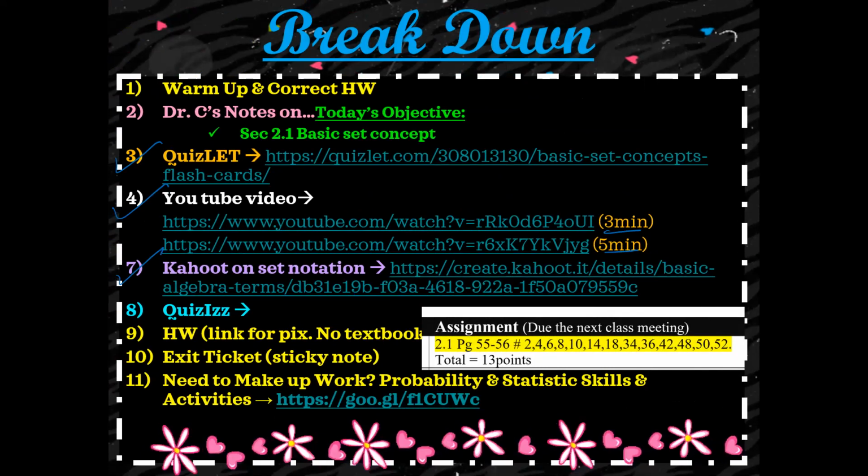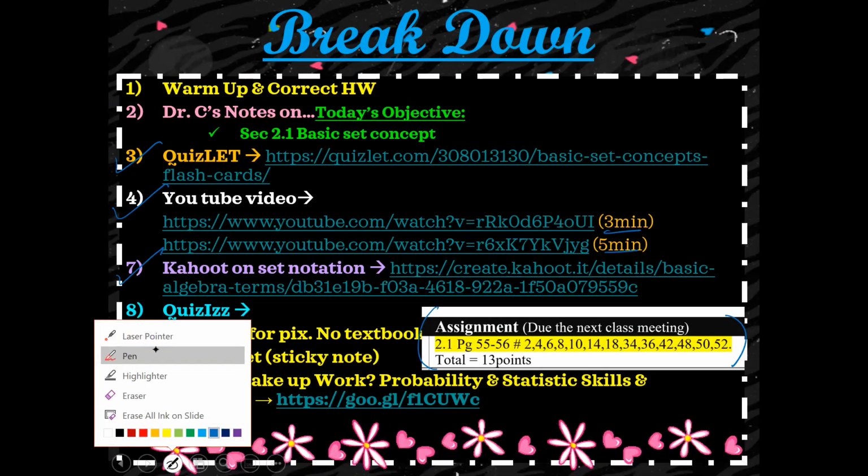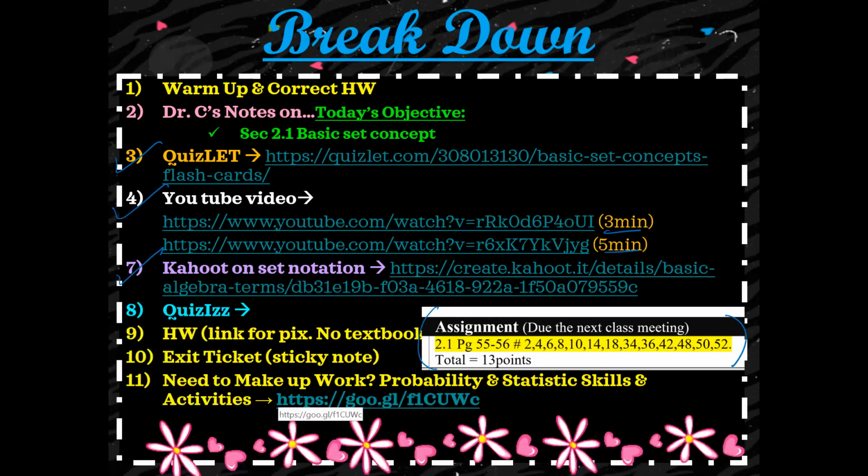So your homework tonight is going to be right here. And I know you're like, well, I don't have a textbook, Callahan. Well, guess what? That's okay, because right here where it says make up your work, probability and statistics skills activities, this is the link that is your Google Doc, and you have all of your stuff here. I actually have photos of the work that you need to do for your homework assignment, and also all of these links right here. You're like, great, I have to type all of this in with all these capital letters.